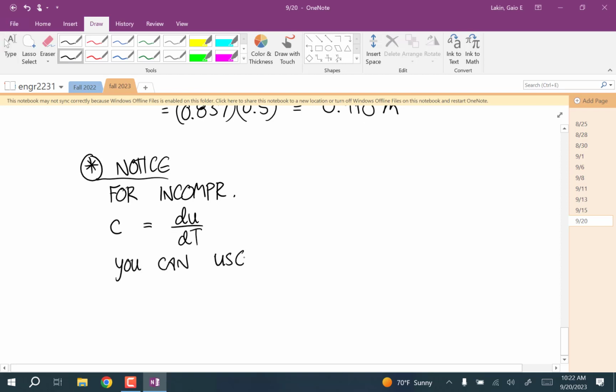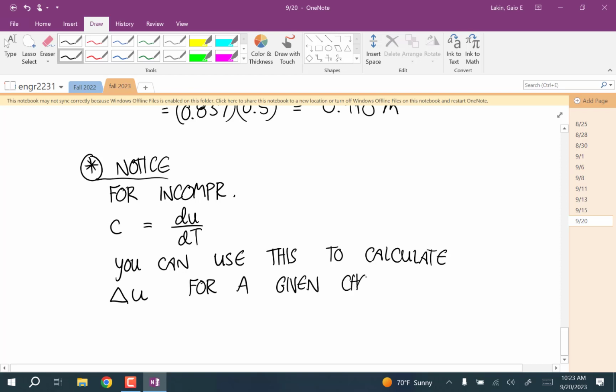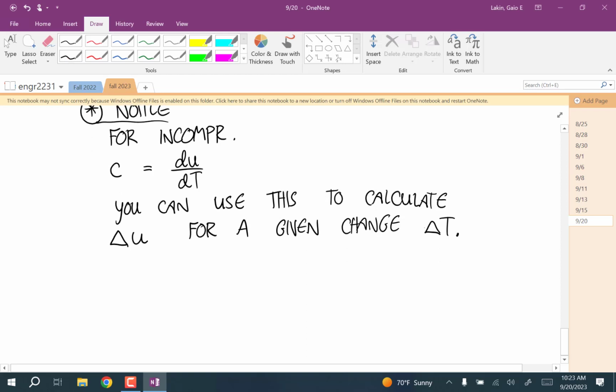You can use this to calculate the change in specific internal energy for a given change in temperature, you know, delta T. And the reason you can do that is that the specific heat doesn't change very much as the temperature changes.